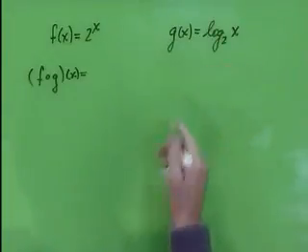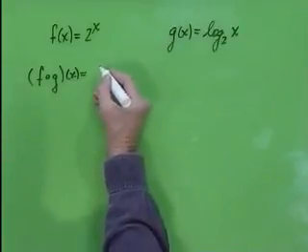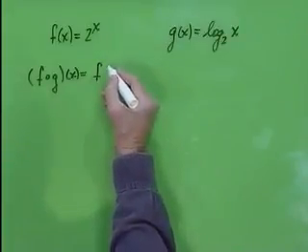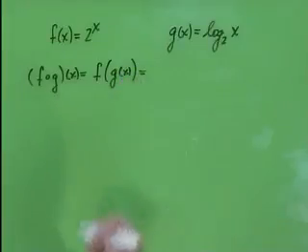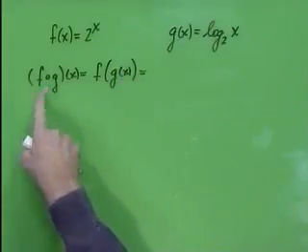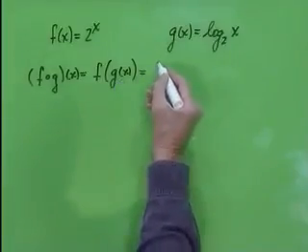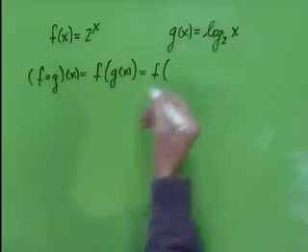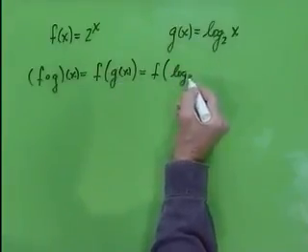Now, if I take this composition, I think that's exactly what I get. Here's how. The composition of f and g means to take f of g of x. That's just what the composition means. And then to evaluate this, I'm going to substitute on the inside for g of x, and I'll put in the log base 2 of x.